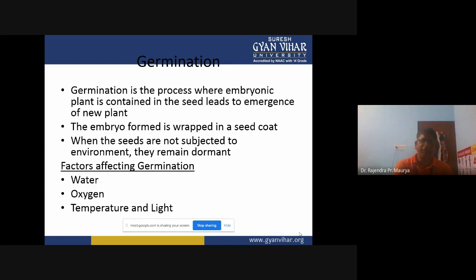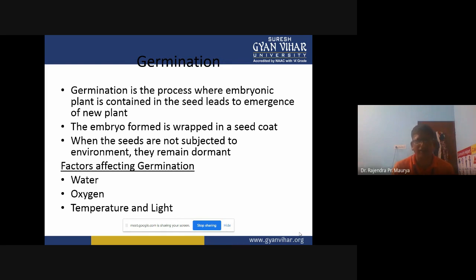That may be due to a hard seed coat, rudimentary embryos, unfavorable temperatures, or unavailability of proper moisture, etc. So first we have to break the seed dormancy for getting a better germination percentage and good quality seedlings. After that, the factors affecting germination.